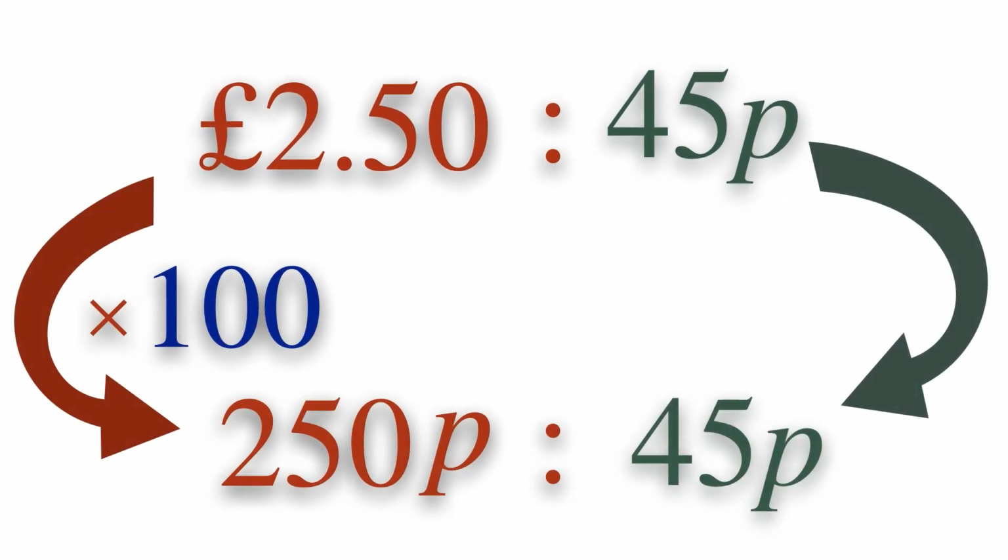For example, £2.50 to 45p. On this occasion, we must express the ratio in the same units before putting them in the simplest form. As there are 100p in a pound, we can change £2.50 to pence by multiplying by 100 to give 250p to 45p.